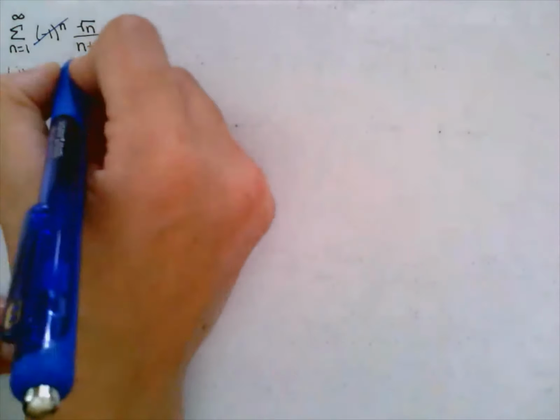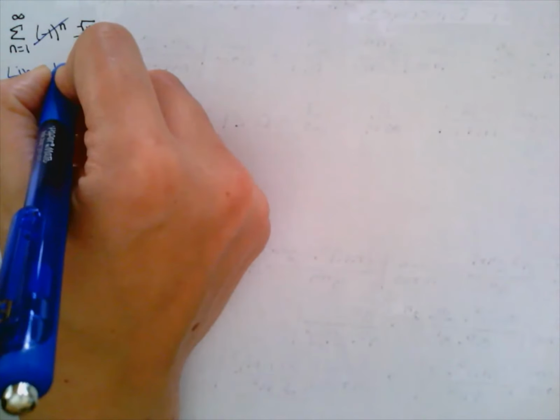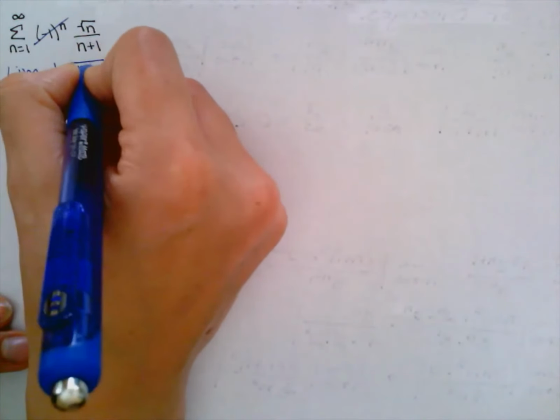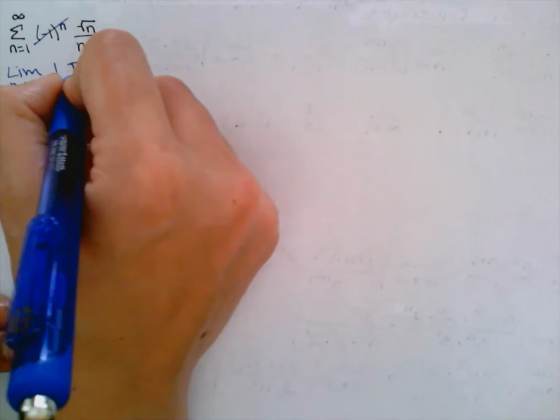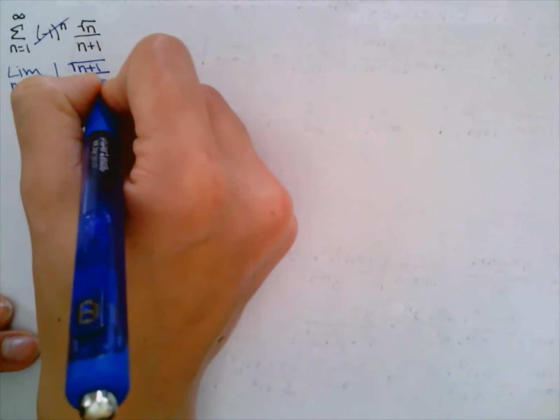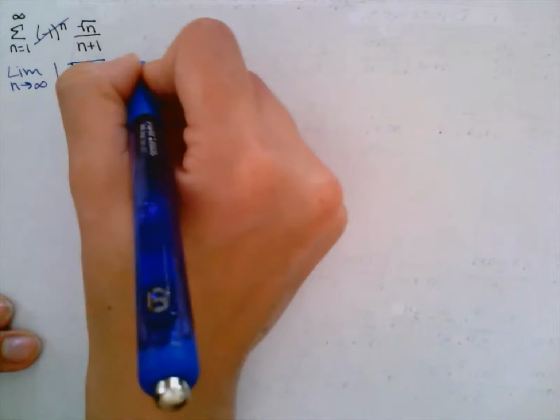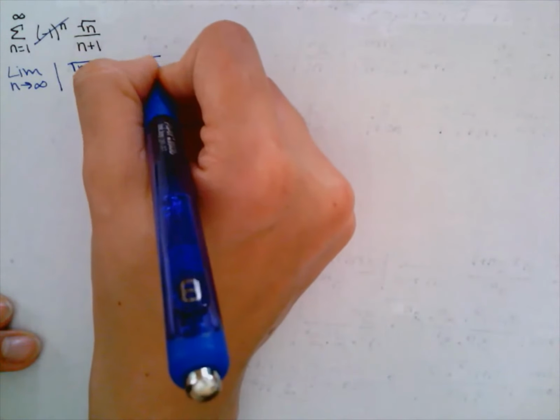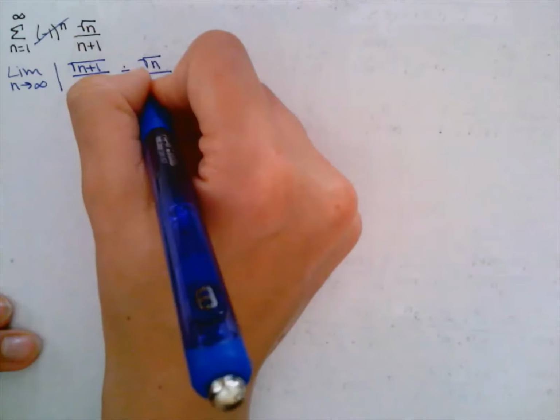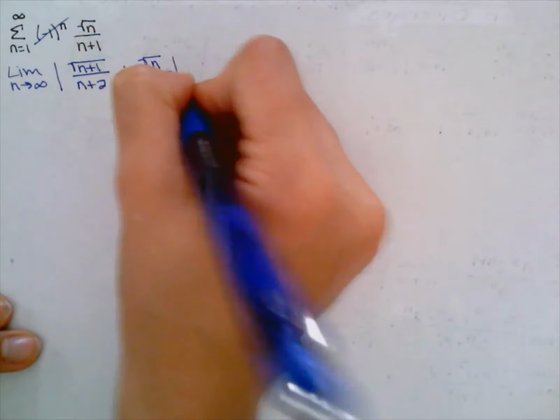Because if that is alternating signs and I have an absolute value bar, we don't care about our signs. So I'm going to have the square root of n plus 1 over n plus 2 divided by square root of n over n plus 1.